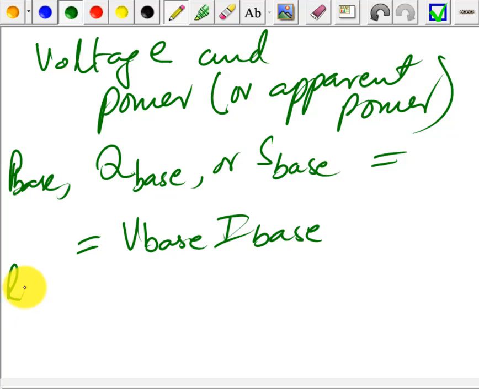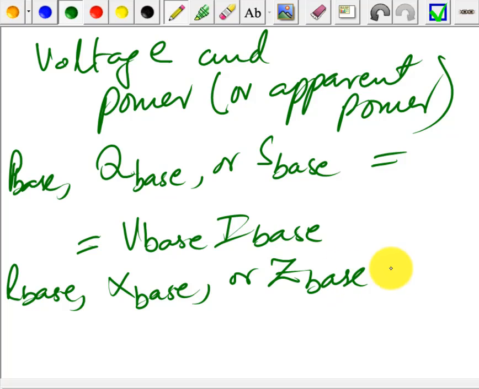Similarly, R base, X base, or Z base can be written as V base over I base.